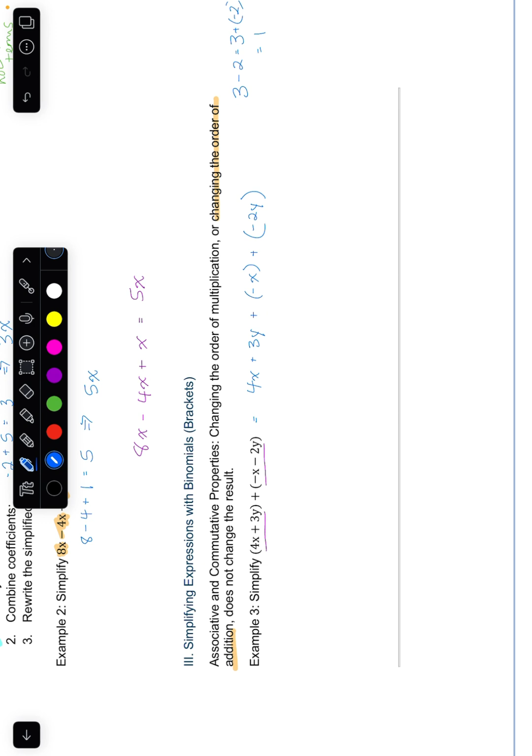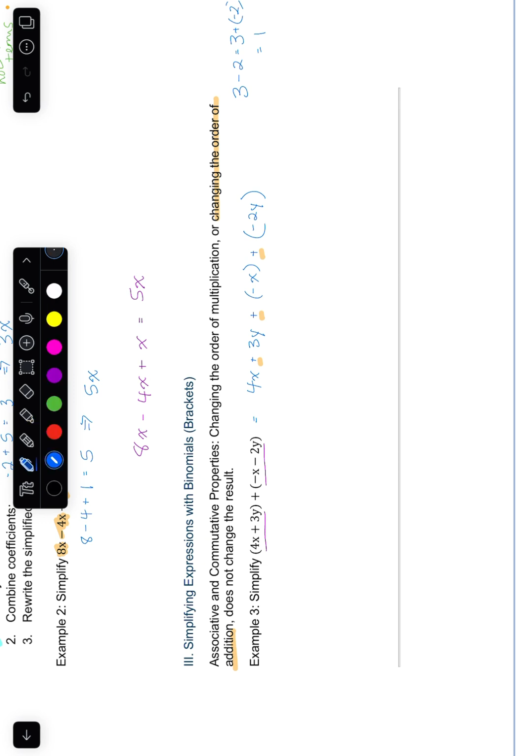Now in this case, what we've done is we've created an expression with 4 terms, and we are adding them all. And so changing the order of this addition does not change the result.